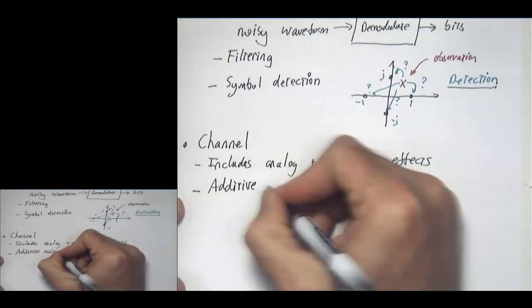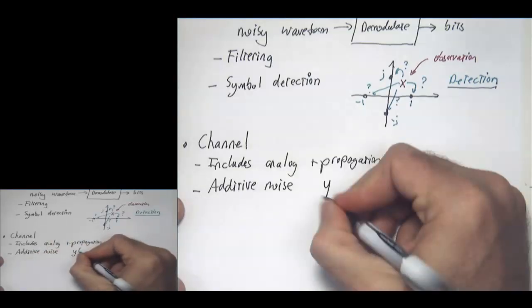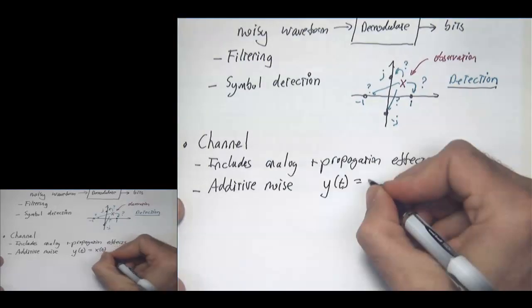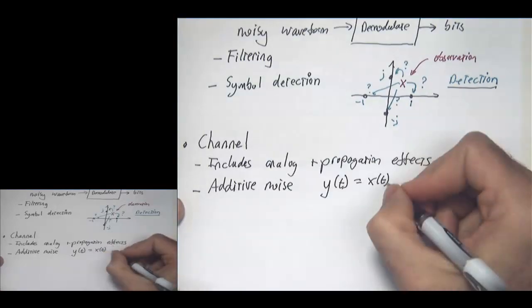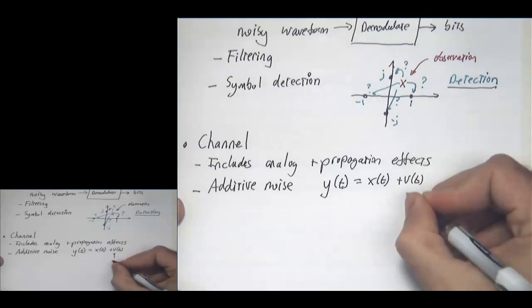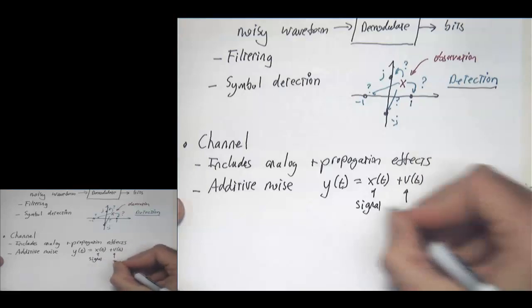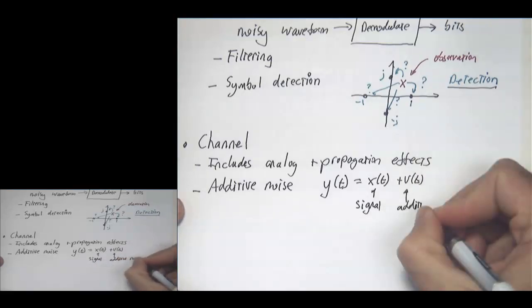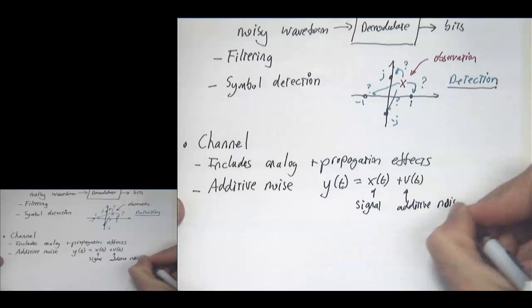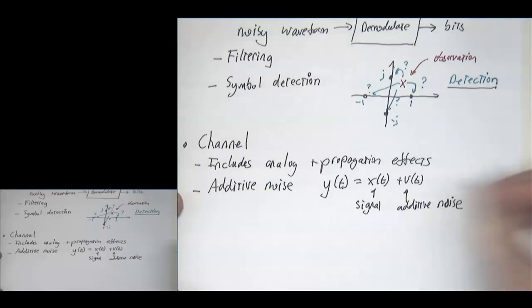additive noise, and this will be where we observe a signal y of t that consists of, let's say, for example, a signal x of t that we sent plus something else here. So you could say this is our signal that we constructed, and this is additive noise. We'll talk a little bit about noise later today in the stochastic processes example.